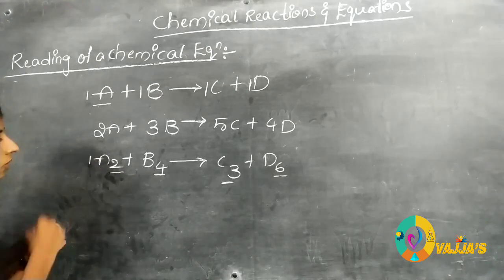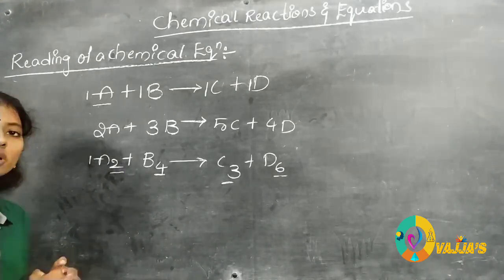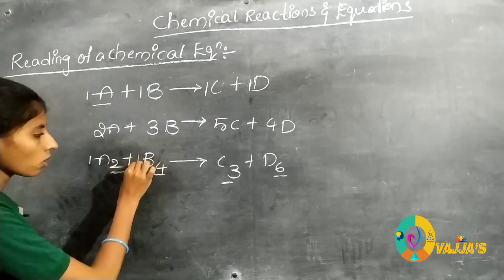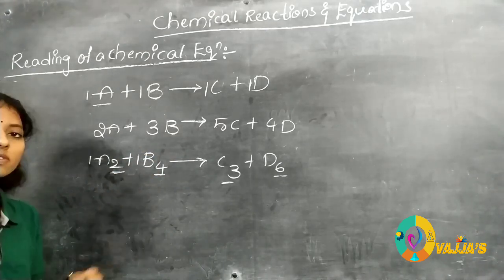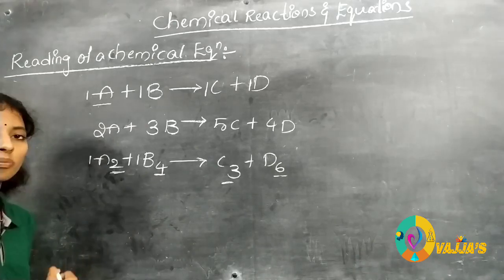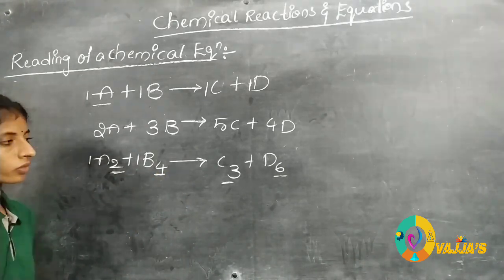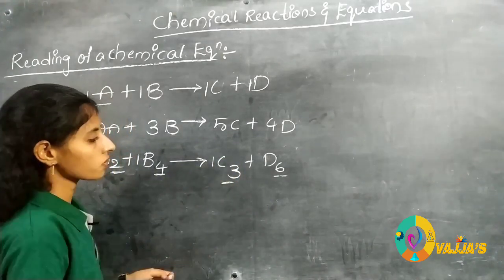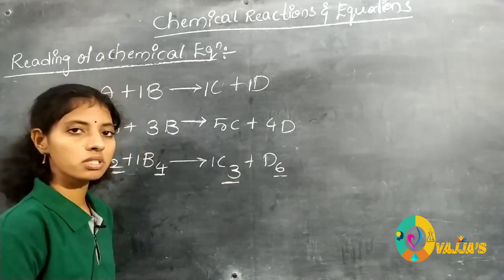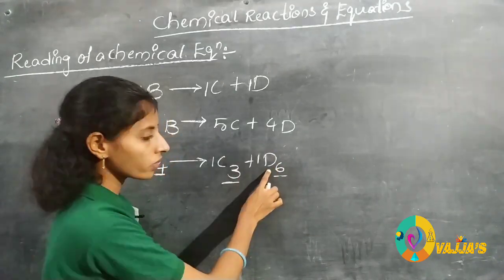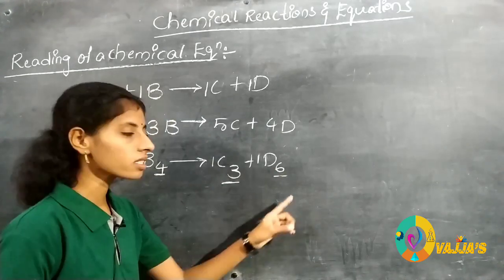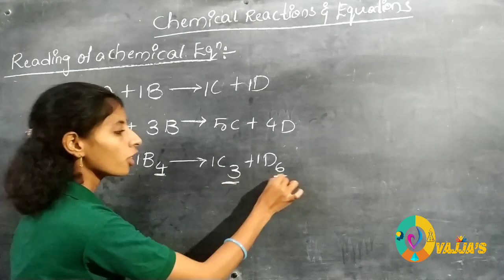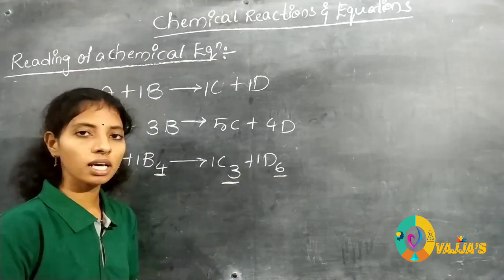So here we have one molecule of A and each molecule of A contains 2 atoms. Here also the number indicates 1, so we have one molecule of B and each molecule of B contains 4 atoms. On the product side also we have one molecule of C and each molecule of C contains 3 atoms, and one molecule of D and each molecule of D contains 6 atoms. The subscript number indicates the number of atoms present in a chemical equation.